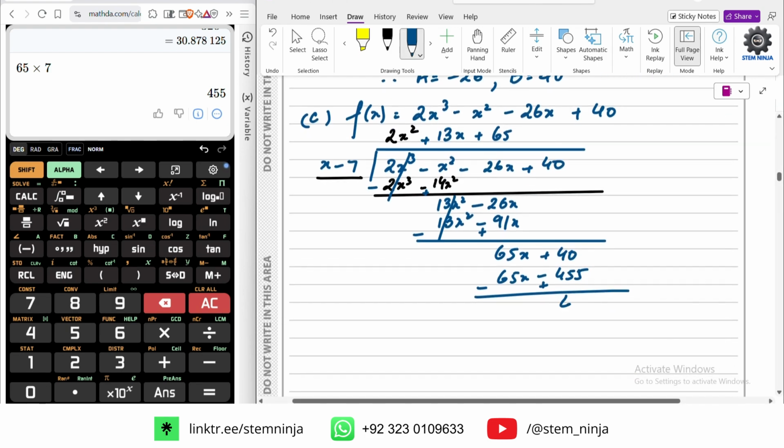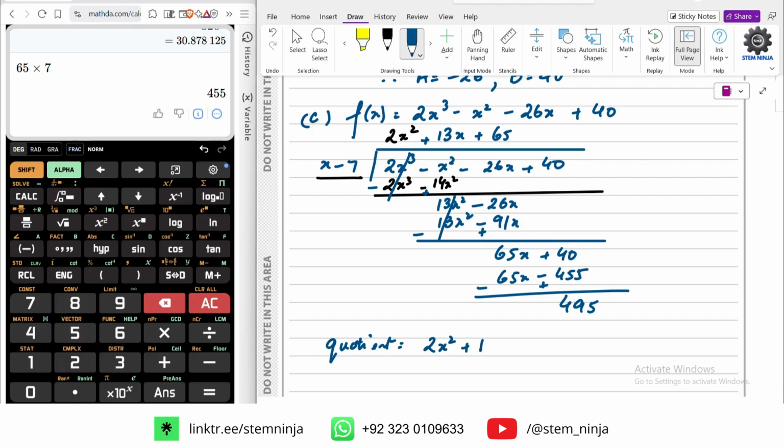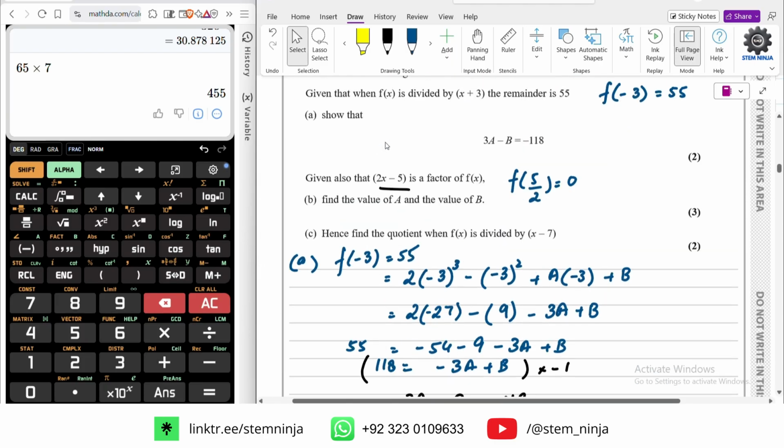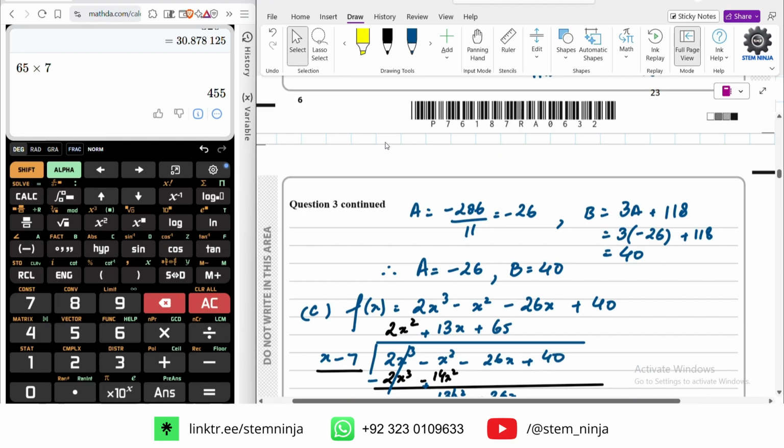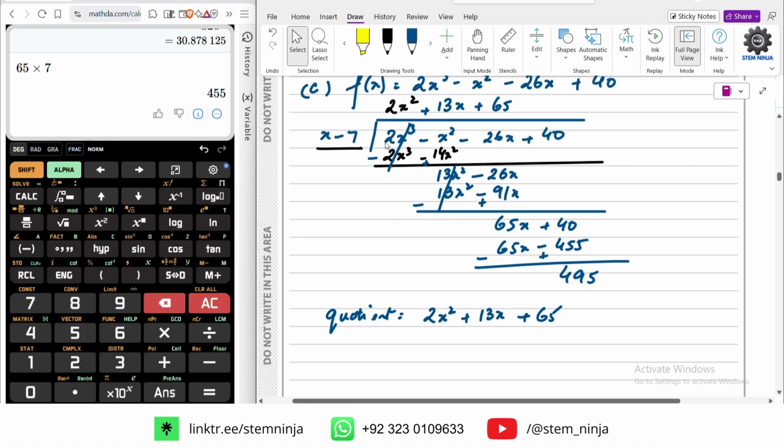So we will get 495 remainder. So the quotient would be 2x squared plus 13x plus 65. And that was the C and the last part. Okay, on to the next question.